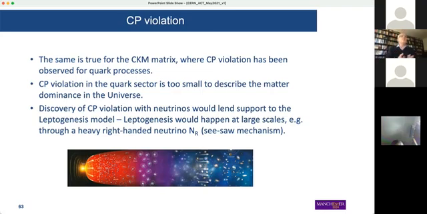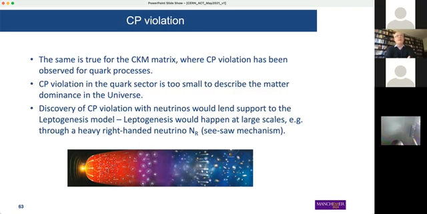Now, this is an important bit because it's sometimes a little confusing. Discovery of CP violation with neutrinos, which is what we are trying to do here, would lend support to the leptogenesis model. But we also have to realize leptogenesis is going to happen at some large scale related to the energy scales after the Big Bang.